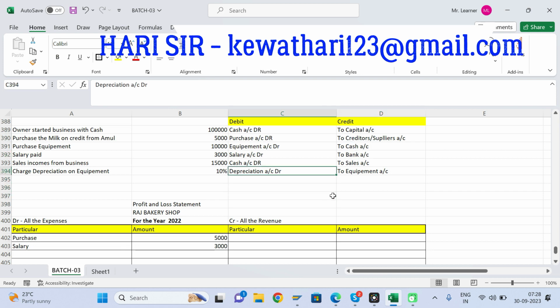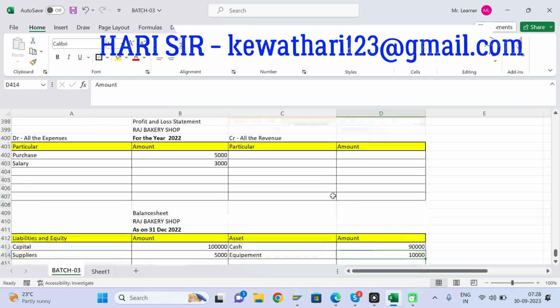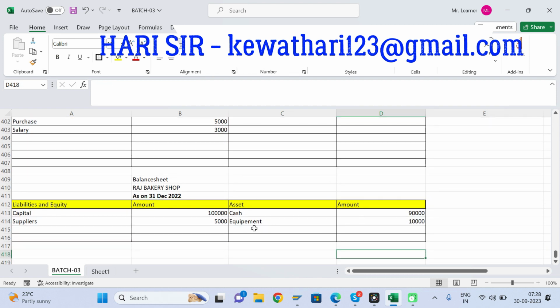So it means you may be having an OD account. If you have an OD account, you can put it in both ways. You can put bank this side, but put minus 3,000 because you made the payment but you don't have the amount. Or you can put bank OD on this side by putting plus. However you feel comfortable, you can put it.